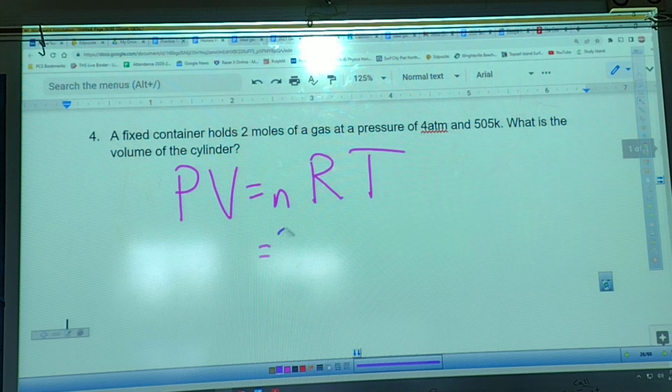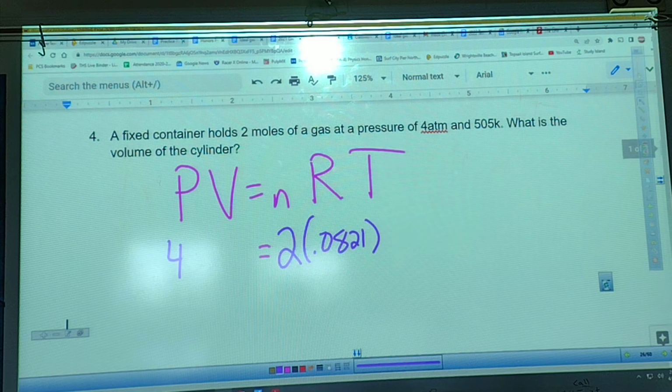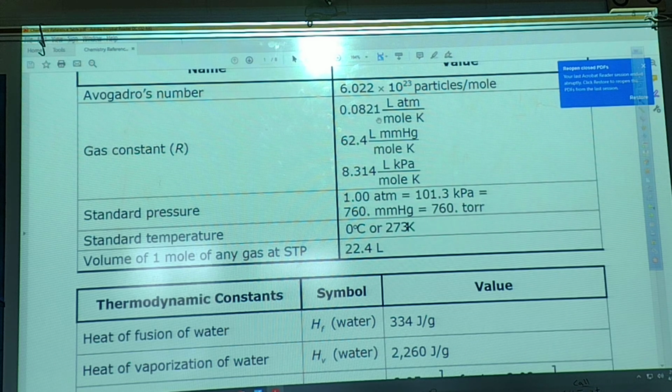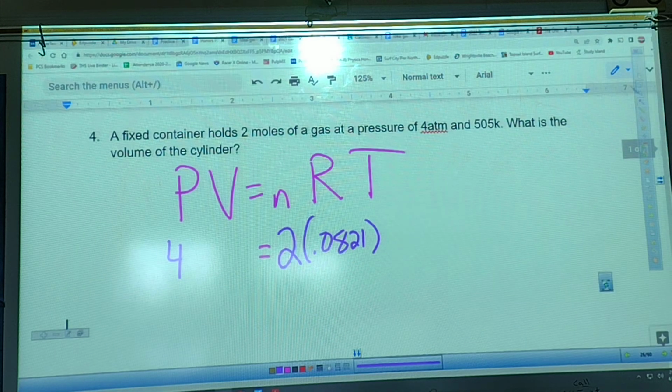2 moles. n is our 2. 4 atmospheres. Our pressure is 4. So R is 0.0821. Now, if you don't understand this, when you're given atmospheres, the R has to be 0.0821. This is always on, you can always use your tables. 2 moles, the temperature is 505 and it's in Kelvin, so we're good there.